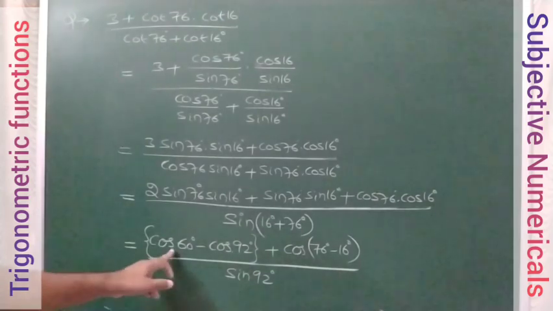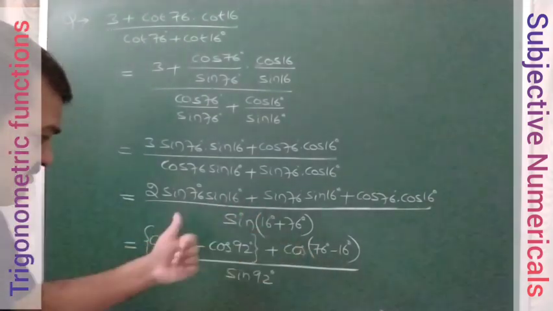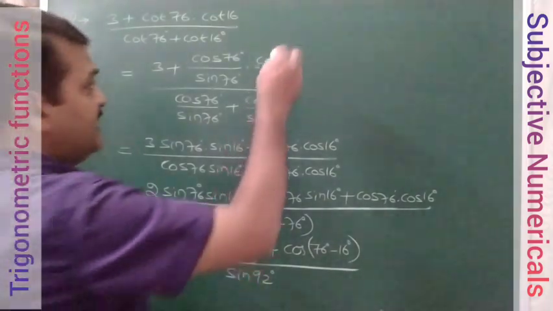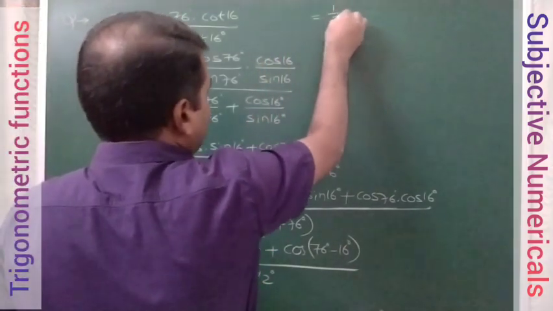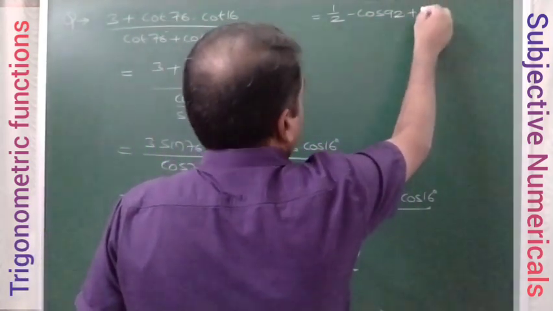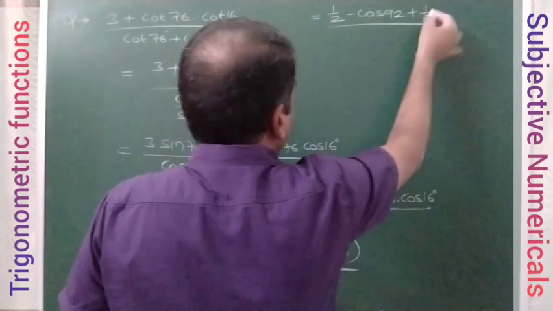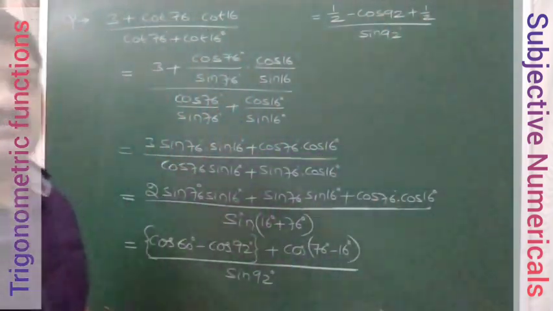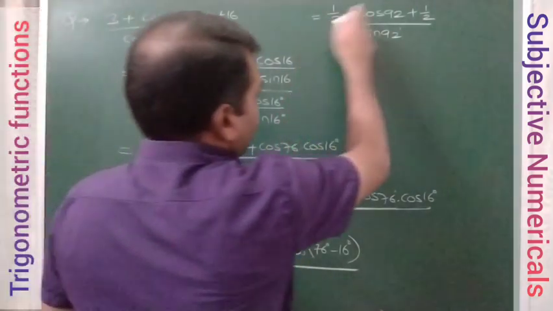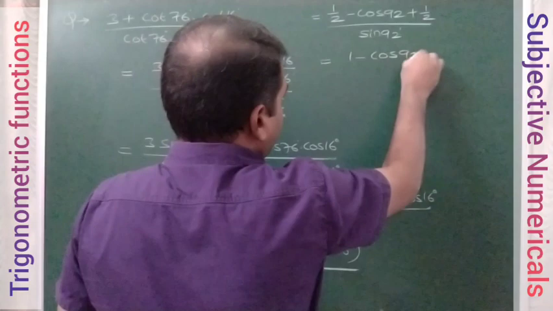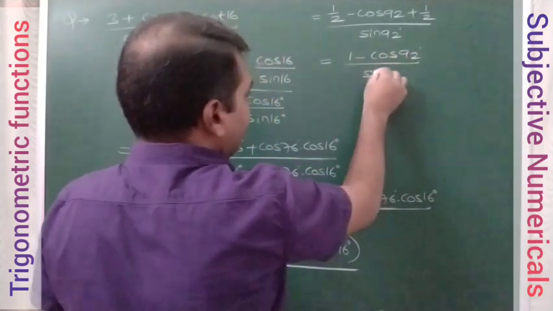Now cos 60, 1 by 2, 1 by 2 minus cos 92. We will get like this. So I am writing 1 by 2 minus cos 92 plus 1 by 2 by denominator sin 92. 1 by 2 plus 1 by 2 is going to be 1. So 1 minus cos 92 by sin 92.